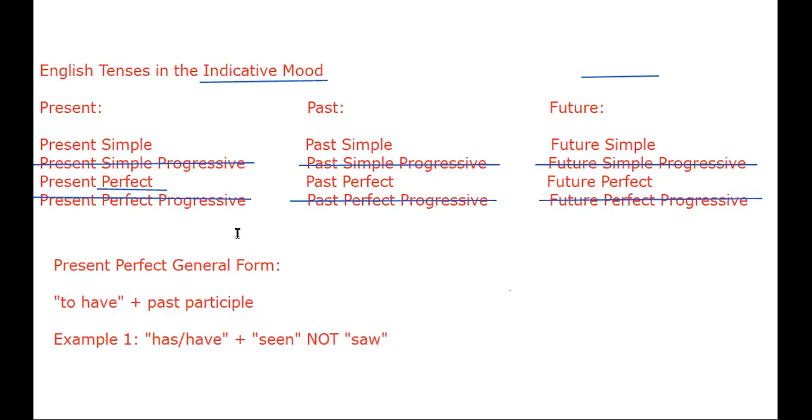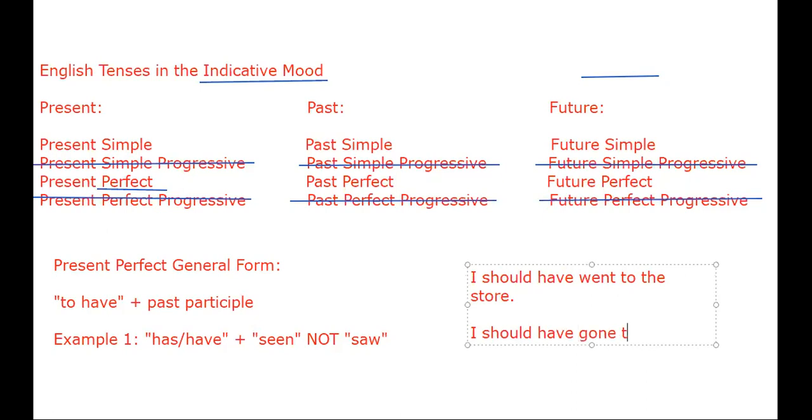And that's the problem with English. Sometimes people mix up the past simple with the past participle. So you'll hear people sometimes saying things like, I should have went to the store, when it should be, I should have gone to the store.